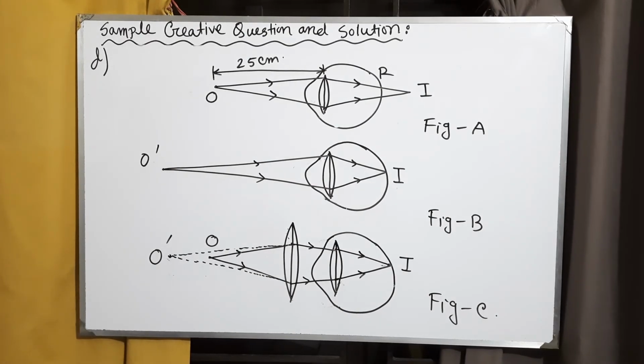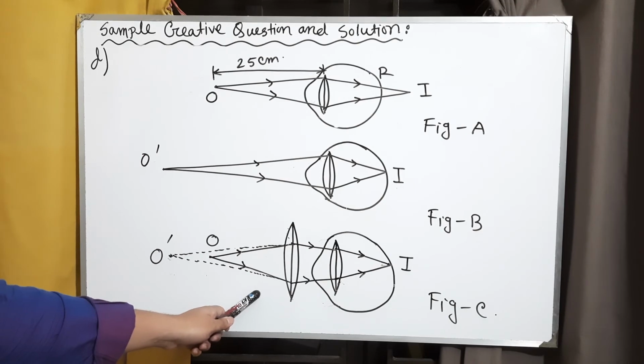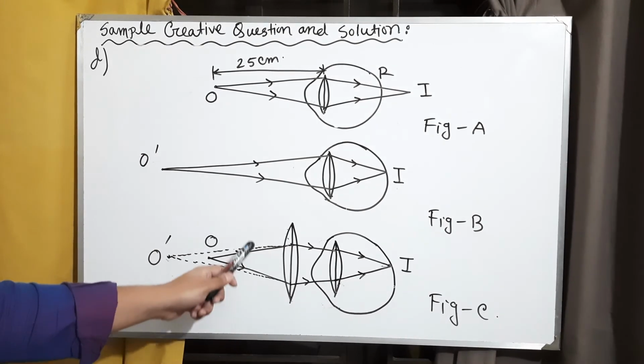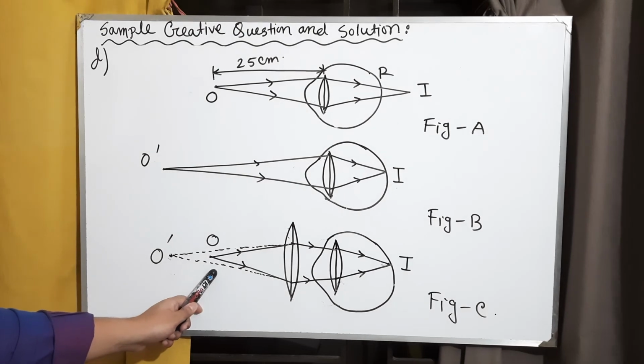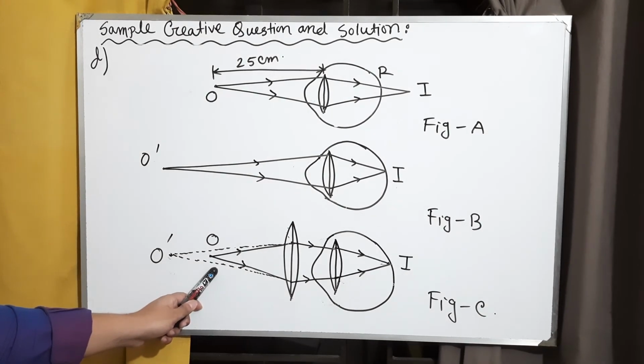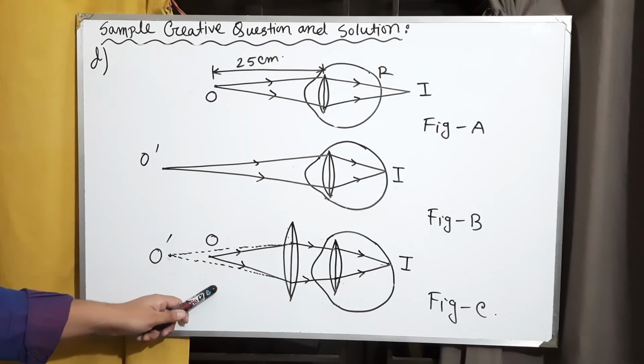The focal length of this lens should be such that due to the refraction, the virtual image of an object placed at normal point N is formed at the near point O of the defective eye, which is shown in figure C.